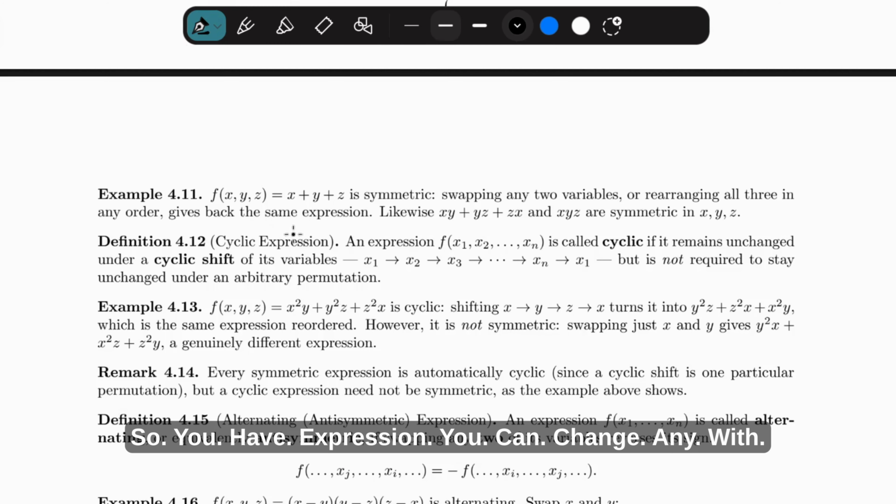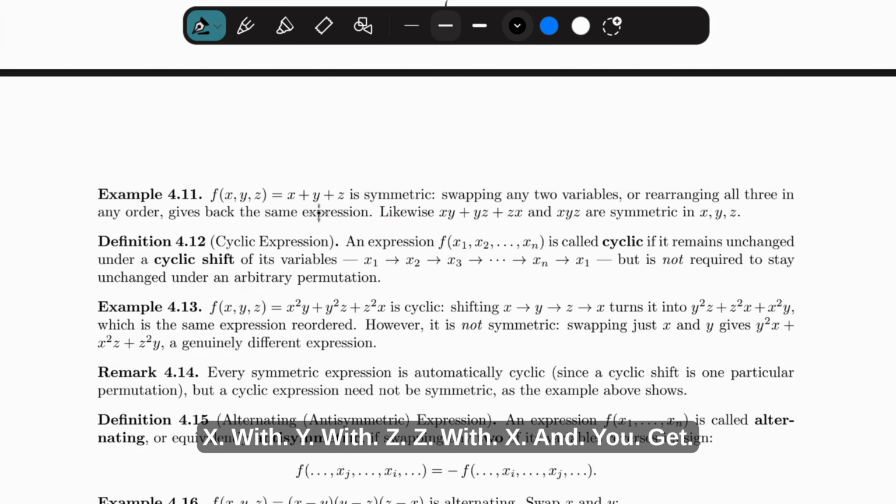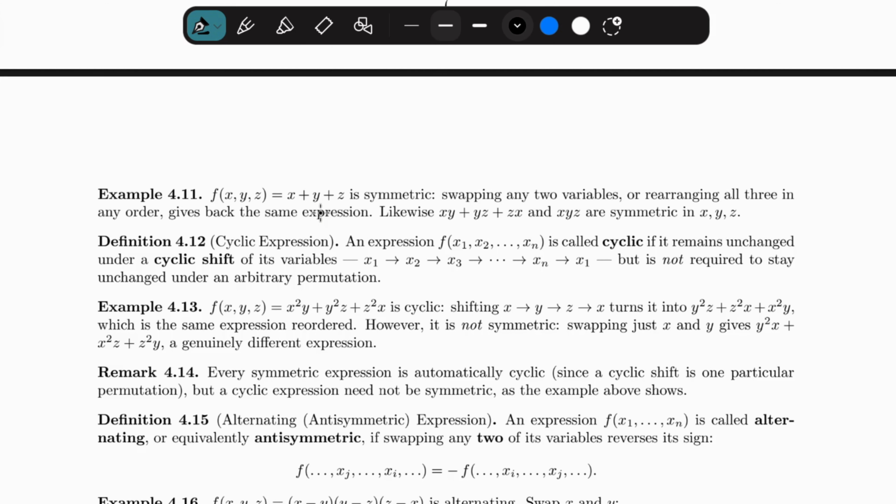So you have an expression, you can change x with y, y with z, z with x, and you get the same expression. That is called symmetric. Swapping any two variables, rearranging all three in any order gives the same expression. Likewise this.